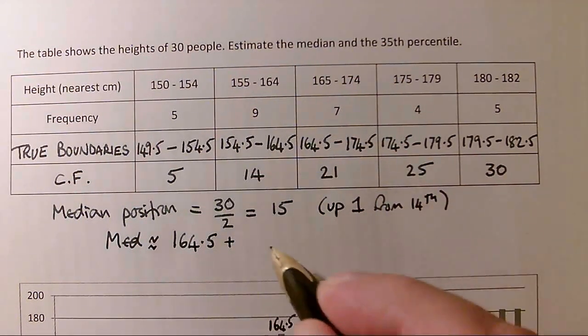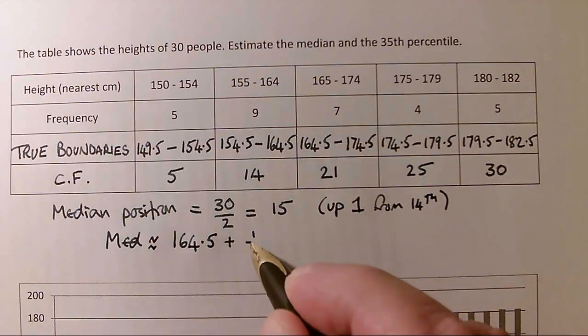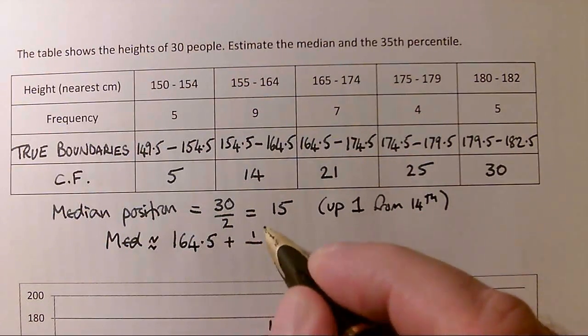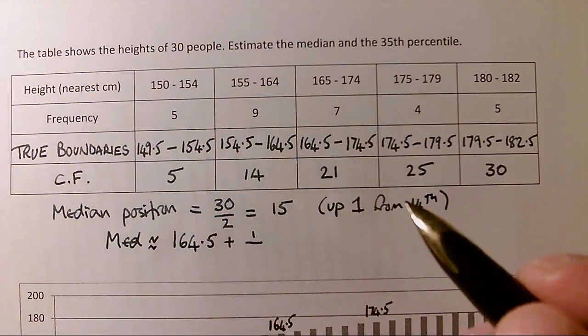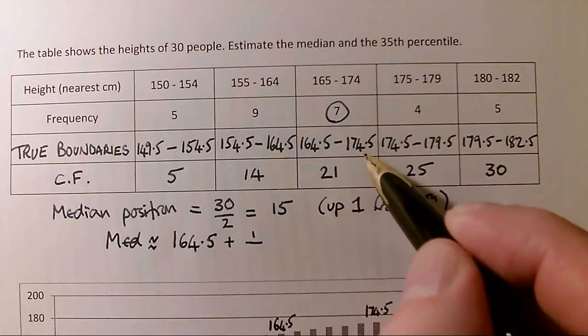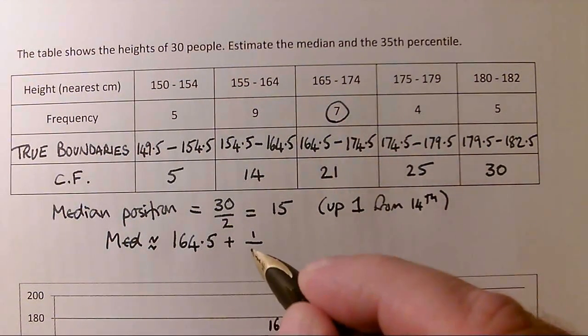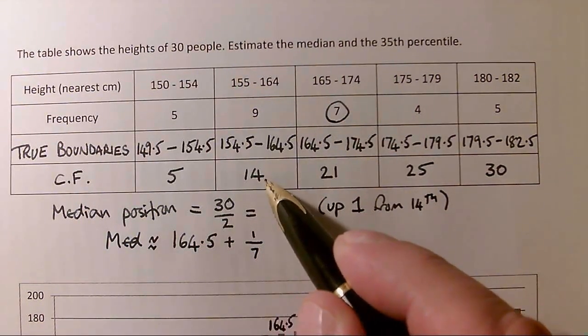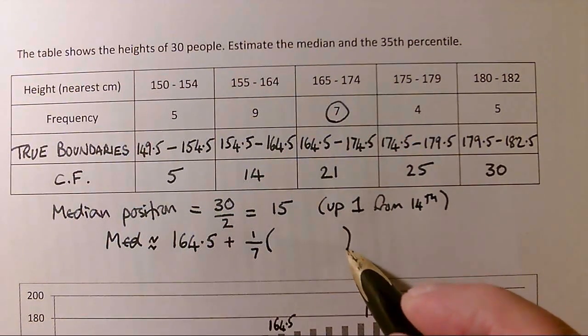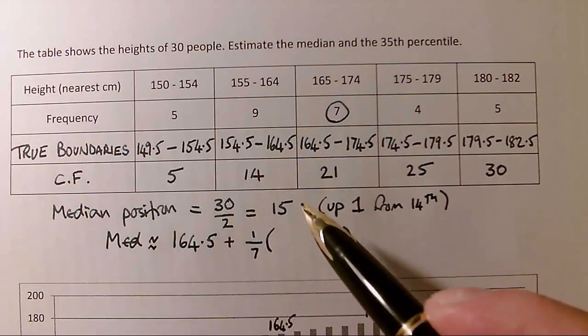So I need to go 1 person up, out of the 7 people in this next group. Here they are: there's 7 people between 164.5 and 174.5. So I need to go 1/7 of the way, because I don't need to go far on from the 14th person. And then I now need to think about the heights of these 7 people.